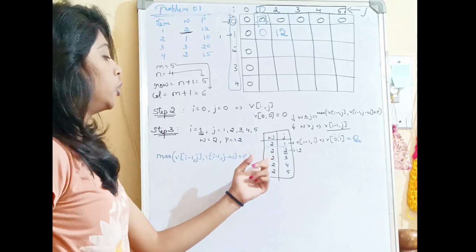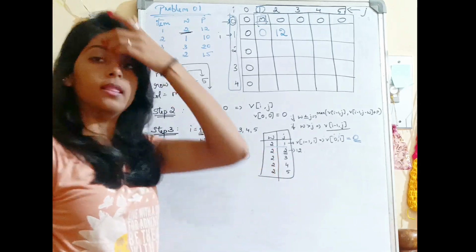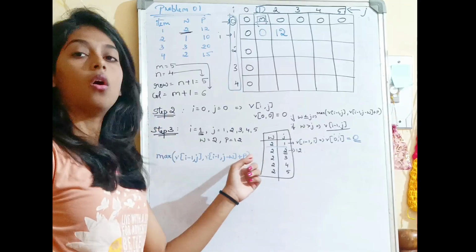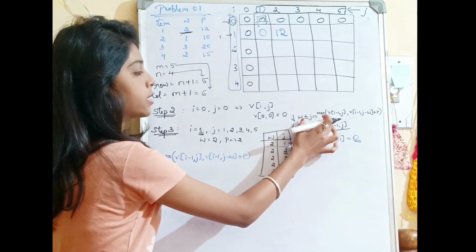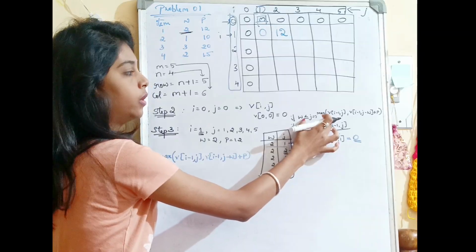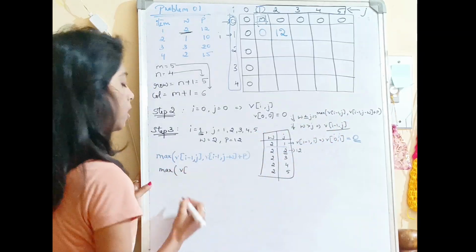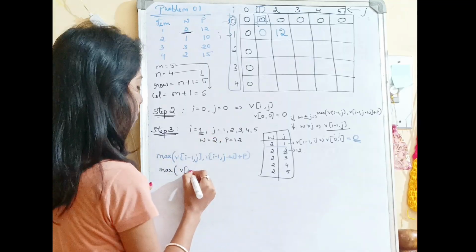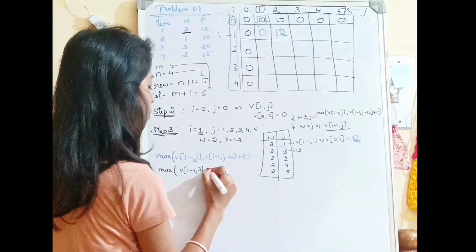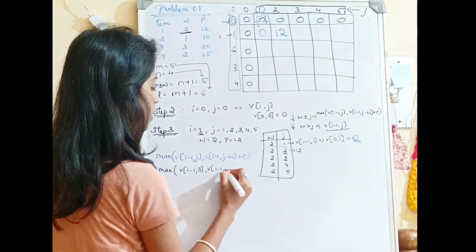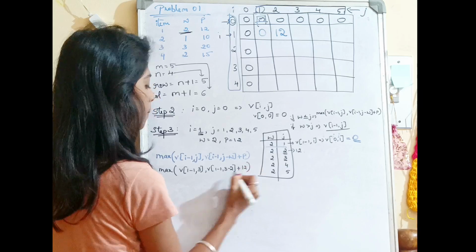The next one is 2 and 3. Is the weight 2 greater or lesser than 3? Weight is lesser than 3. So if the weight is lesser than or equal to J, then what do we do? We use this formula. So max of, just substitute the values. I is 1 minus 1 comma J is now 3. So 3 comma V of 1 minus 1 comma 3 minus 2, that is weight, plus 12. Okay.